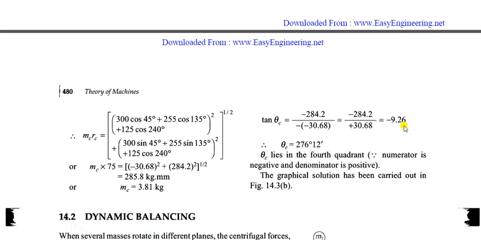Once you get this, if you do it directly in the calculator, we are getting tan inverse of minus 9.26, which is coming 83.83. It's not coming 276. How did we get this? So theta C is coming 83.83. If you put this value in the calculator, tan inverse of 9.26, you are getting 83.83. But that is not the angle. So how will we get this? Then you have to come here and see in which quadrant we are. Minus y, plus x.